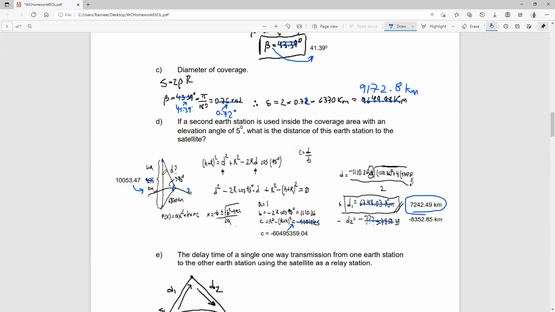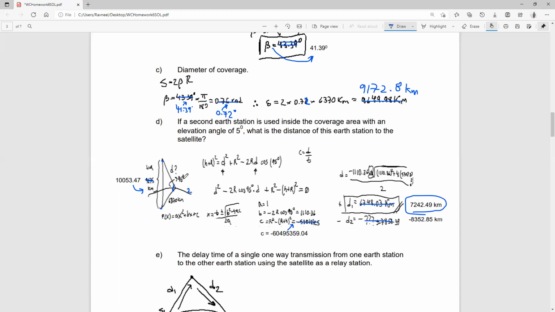So if we write, since we know this particular angle, we have to write the cosine rule in terms of this particular side. So that is going to be h plus r squared equals d squared plus r squared minus 2rd cos 95 degrees, right?